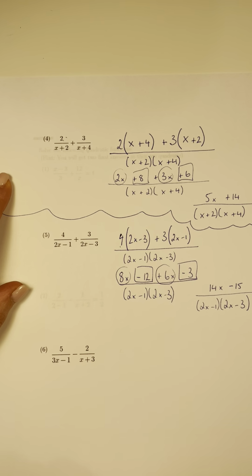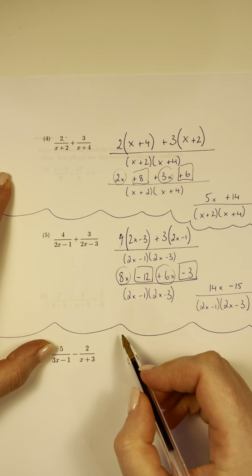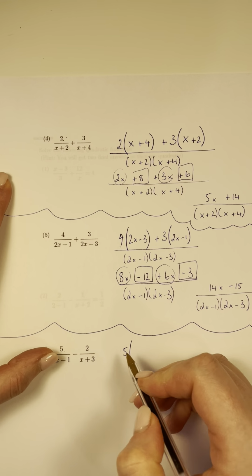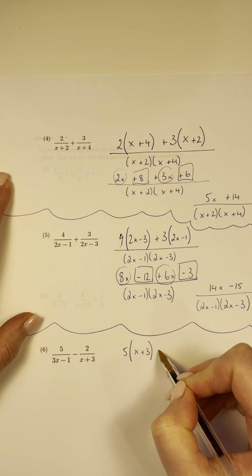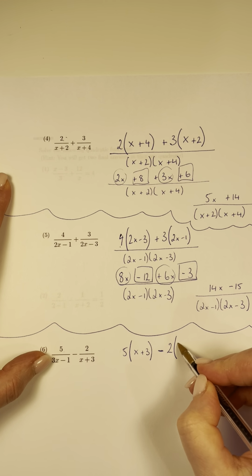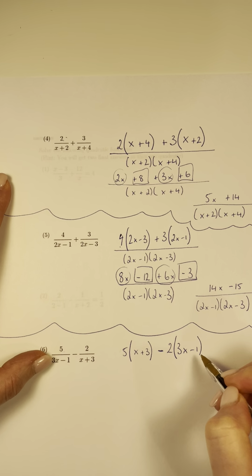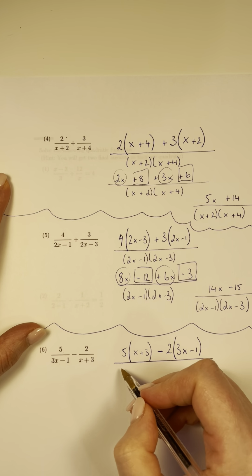Okay, on here to this one. 5 times x plus 3 minus 2 times 3x minus 1 all over everything across the bottom.